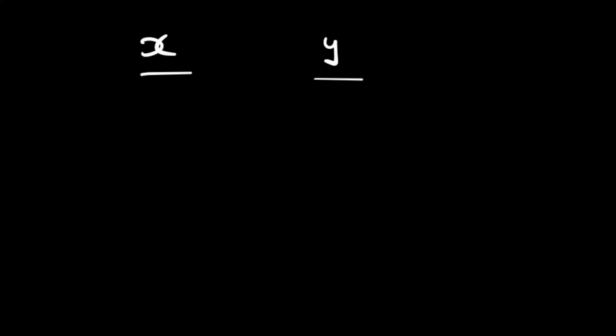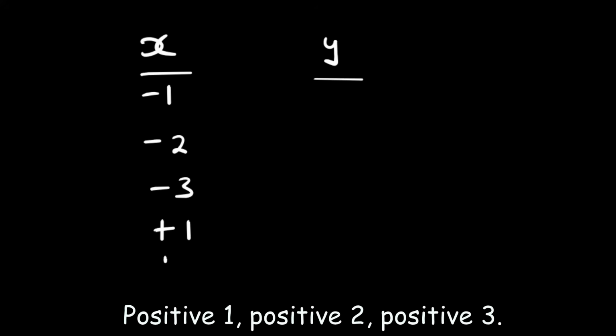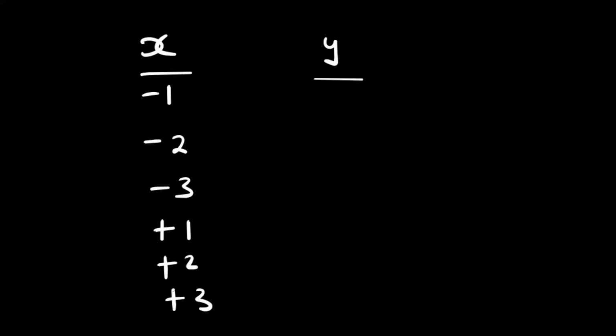Then let me say this is -1, -2, -3, +1, +2, +3. Then here I can put the y values that we have. Let's say I can have 1, I can have 4, I can also have 9. So now what would be the mapping between these ones?